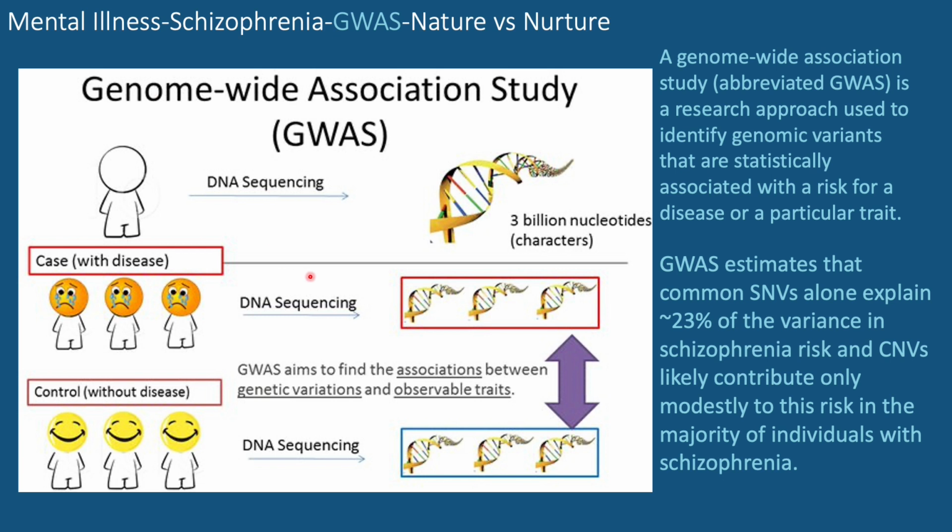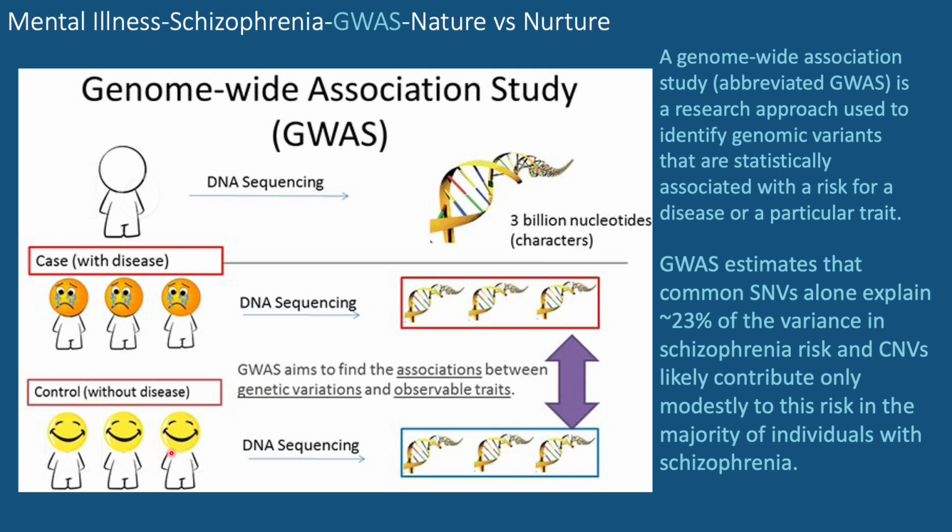If we look at this cartoon here at the left of the slide, we can see how genome-wide association studies are carried out. We have a large number of cases with the disease, for example, schizophrenia, and we have a large number of controls.